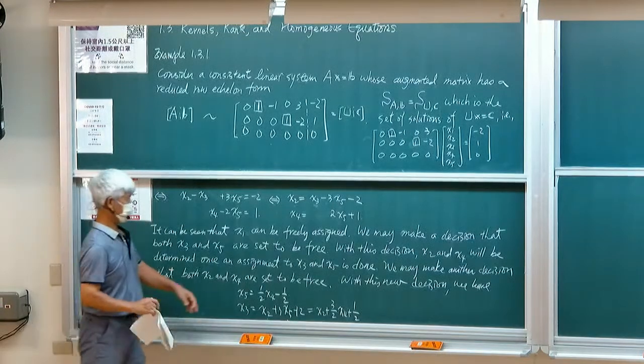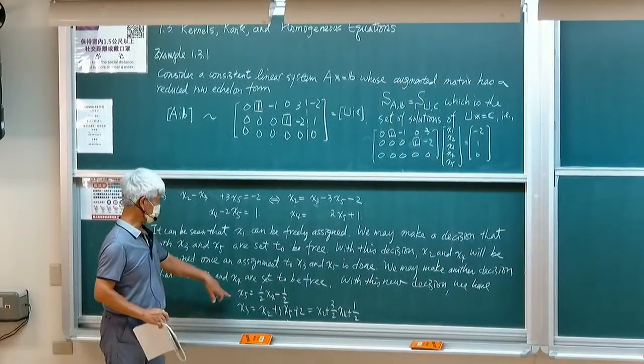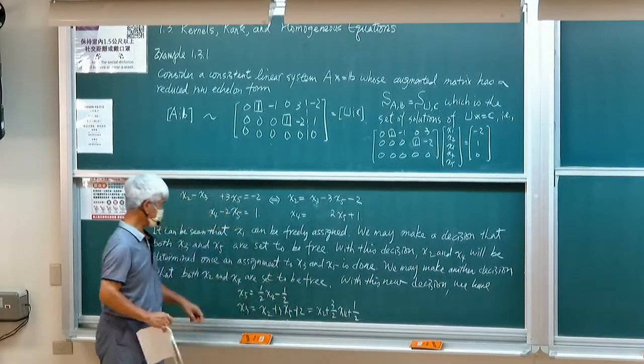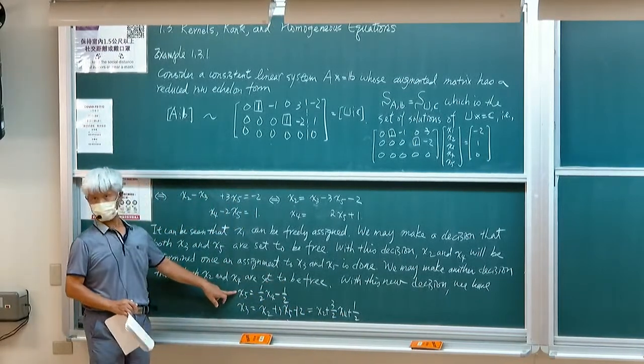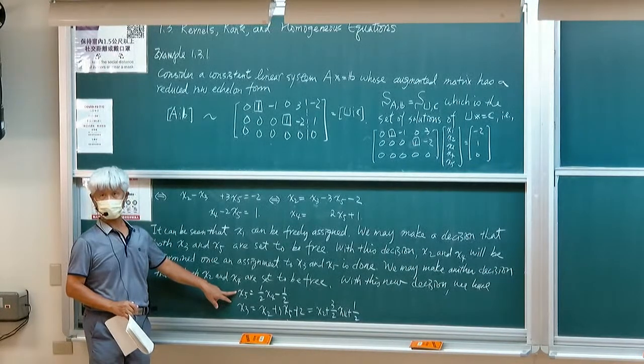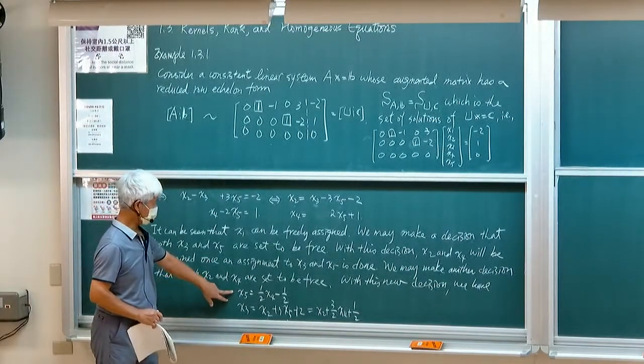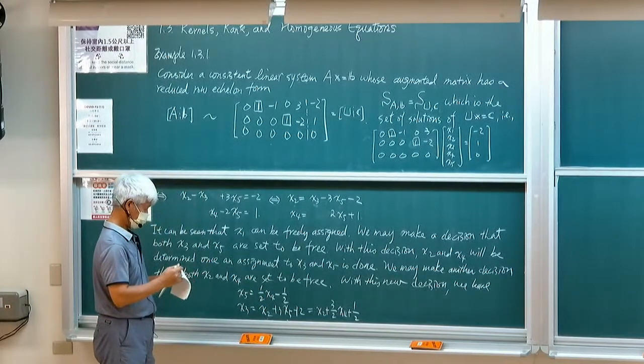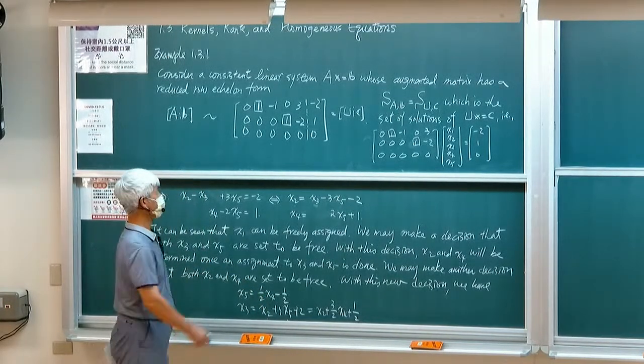Okay, so if we decide to set x2 and x4 free, then x3 and x5 cannot be free. They will become dependent on x2 and x4. Okay?